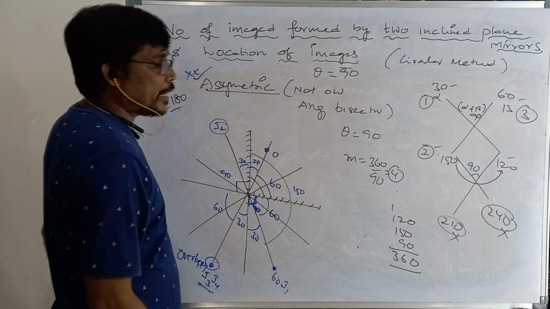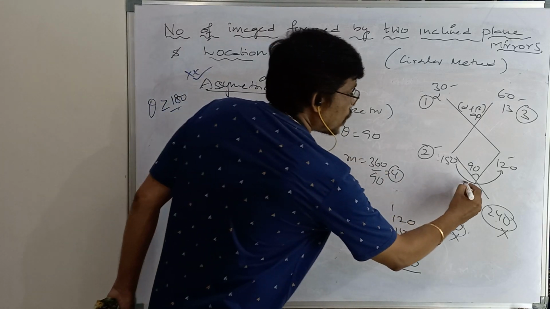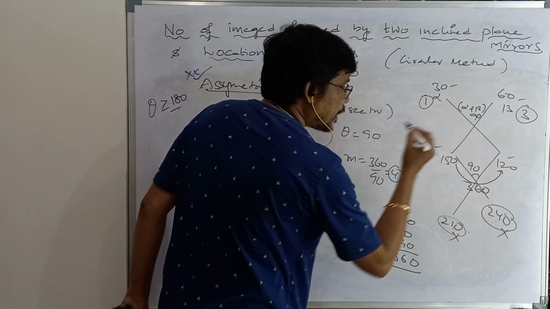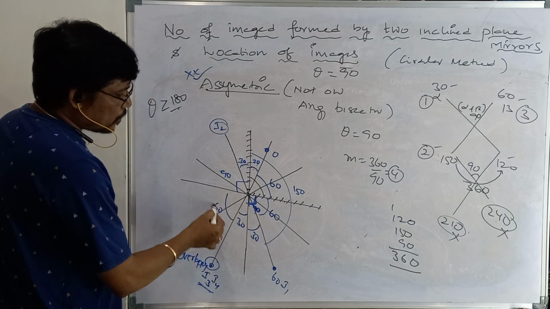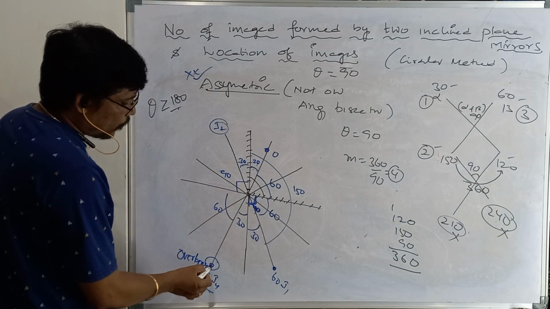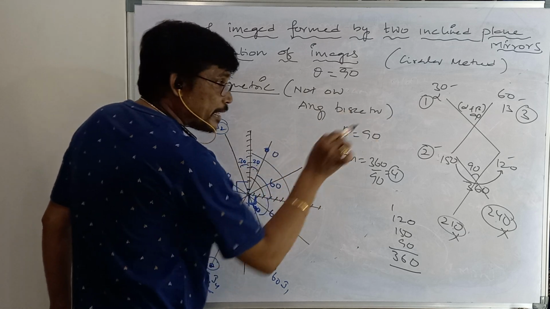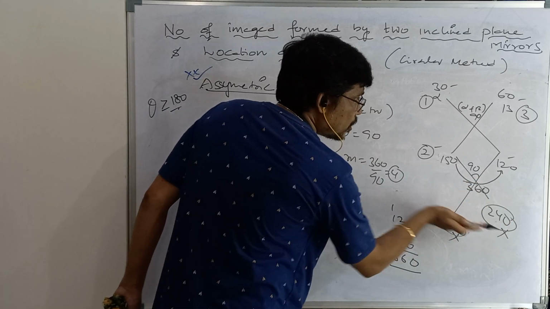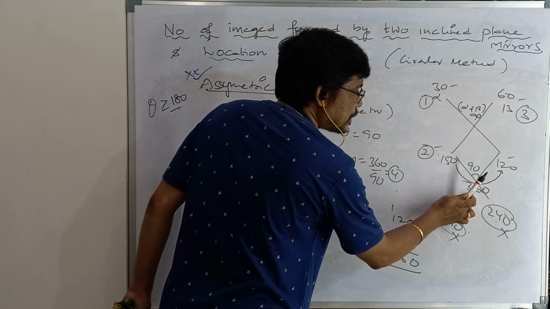So how many images are formed? Three images are formed. If the total angle is 360, then again overlapping is possible. The overlapping of images is shown here clearly. How to find the overlapping? Simply add 150, 90 and 120, which is 360.